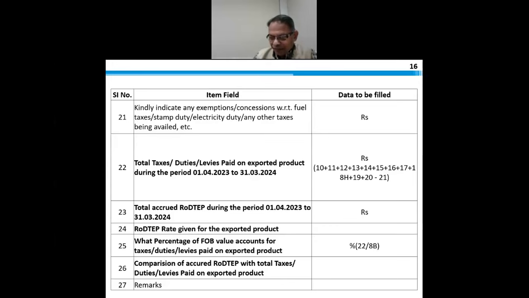And then remarks. Let me give you a probable thought process. If you are crossing 80% of the RoDTEP rate, your rate may not be disturbed. But if your actual taxes payment comes only to 50% of what RoDTEP you have got, then yes, it is likely to be questioned. And you may be asked to refund it, I don't know.